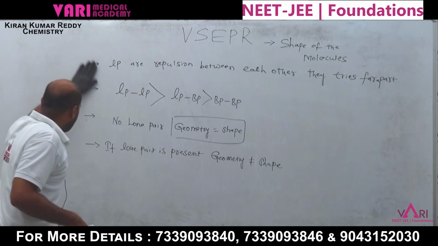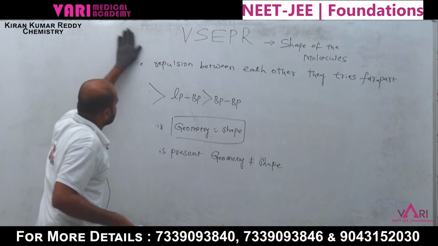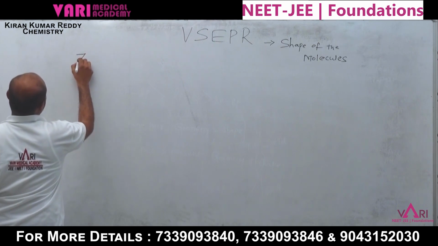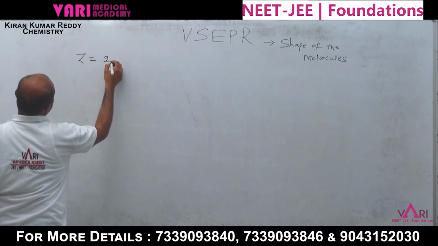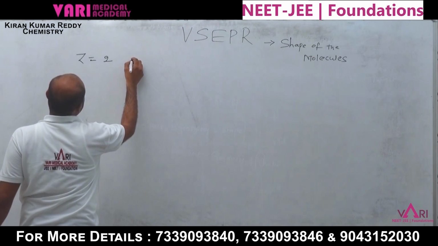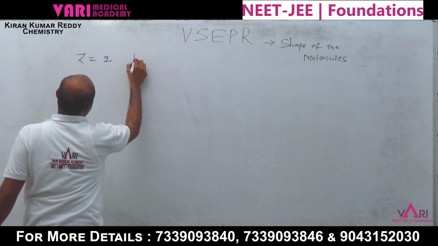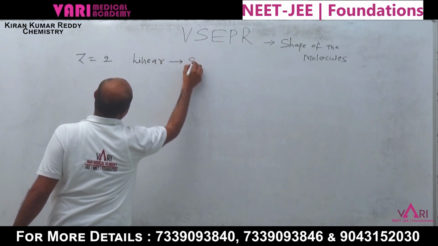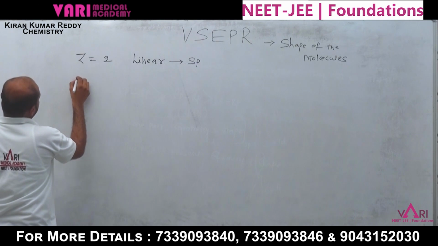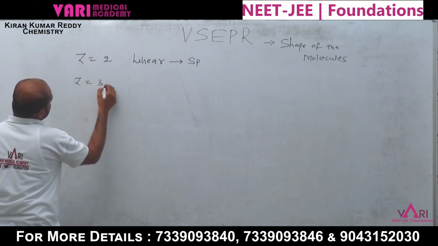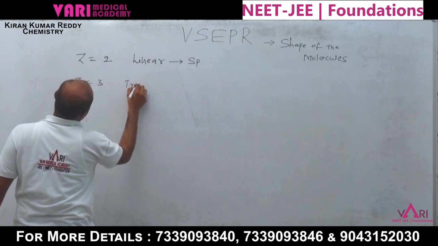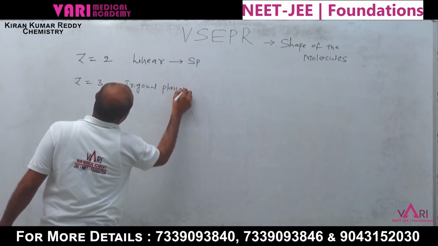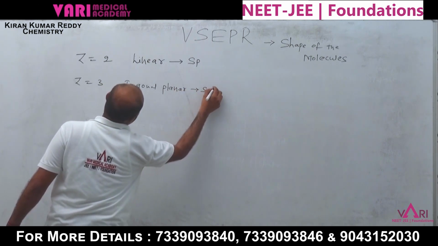And next, one by one we can write how many lone pairs and bonds. First I am taking the Z number. If Z is equal to 2, what is the name of the geometry? Z is equal to 2 means linear, and the hybridization is sp. Next, if Z is equal to 3, that is trigonal planar geometry, sp2 hybridization.